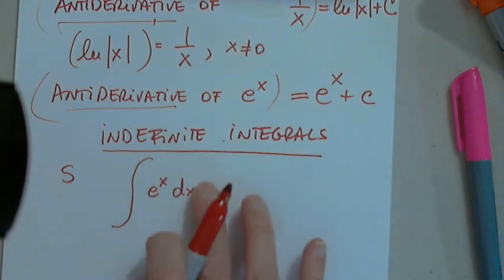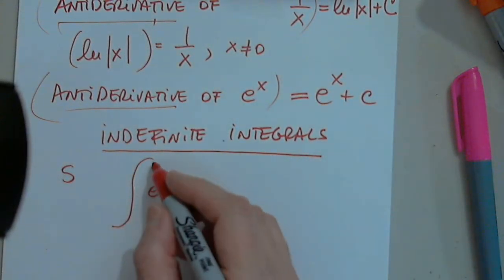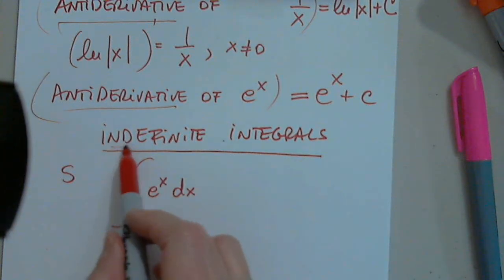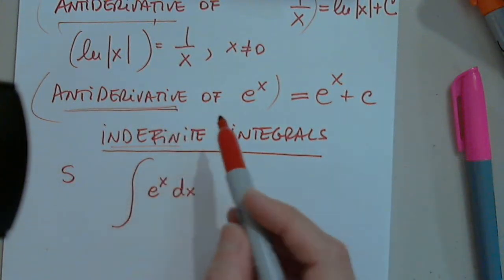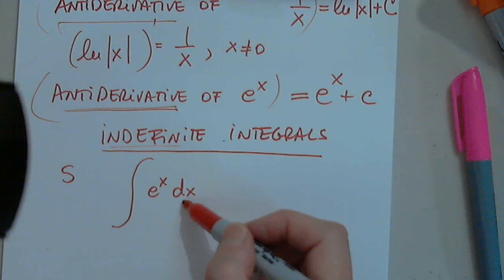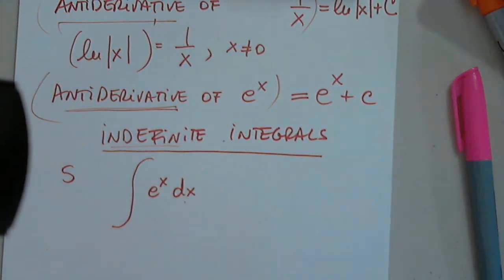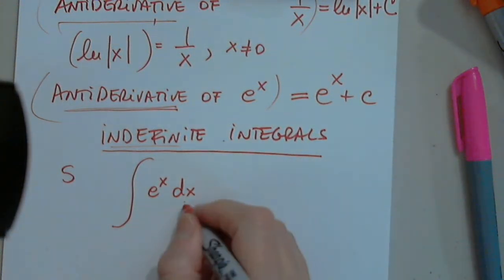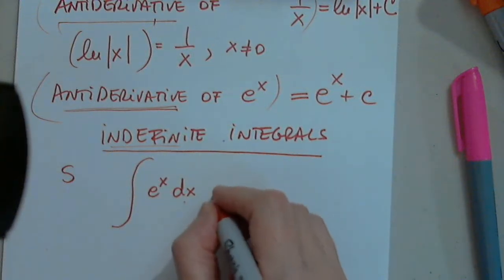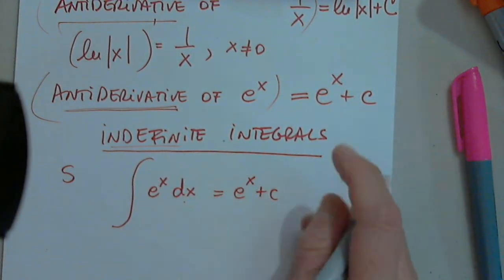And I will clarify what this means. So this is the integral, or the antiderivative of function e to the x. But I also need dx. Why? I'll have to explain. Not at this point. So then the answer would be e to the x plus a constant c.